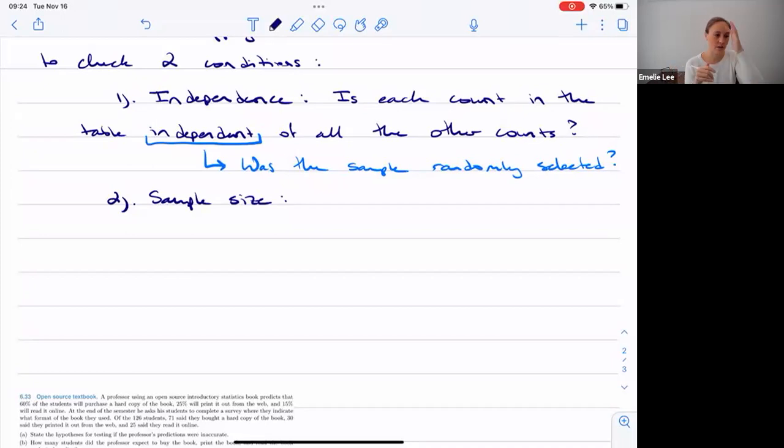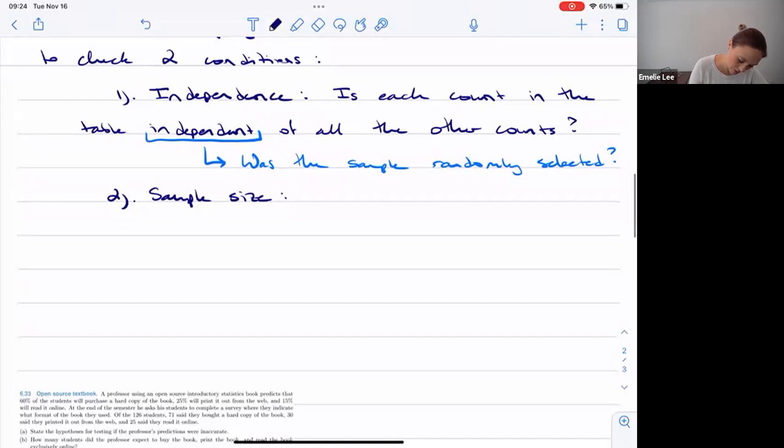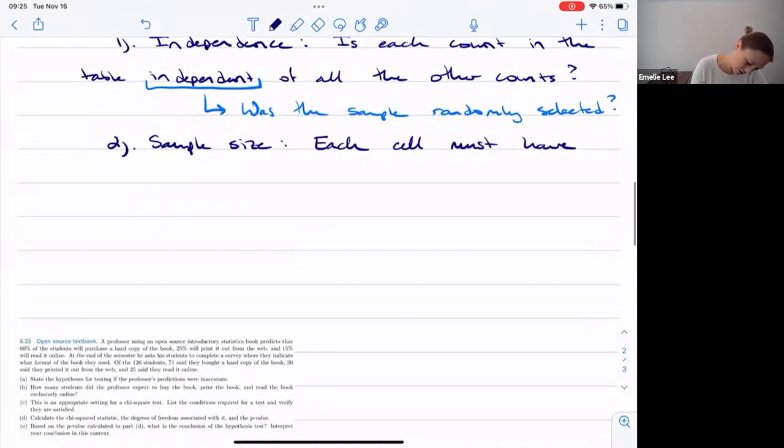Okay, and so the sample size condition is the most important one, and it says that each cell must have an expected count of at least 5.